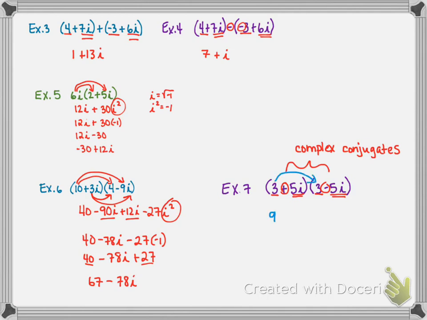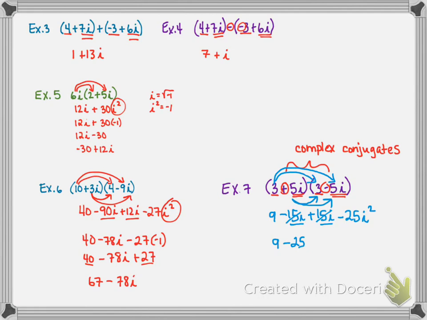3 times 3 is 9. 3 times negative 5i is negative 15i. 5i times 3 is positive 15i. And 5i times negative 5i is negative 25i squared. Combining like terms, my i's cancel out.